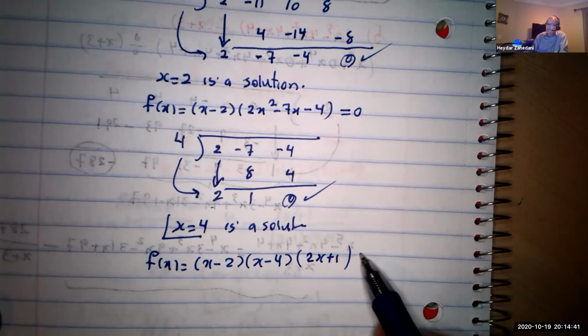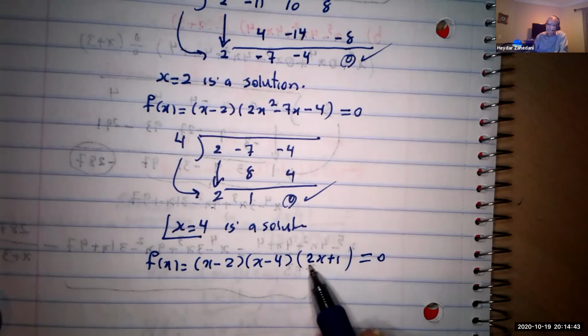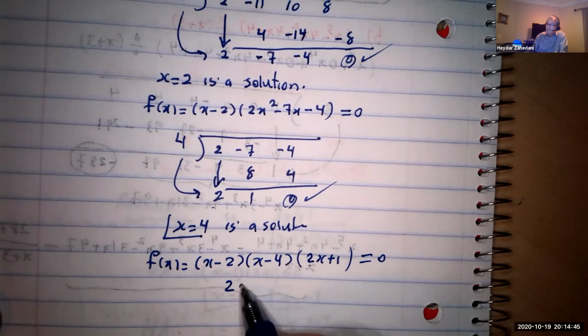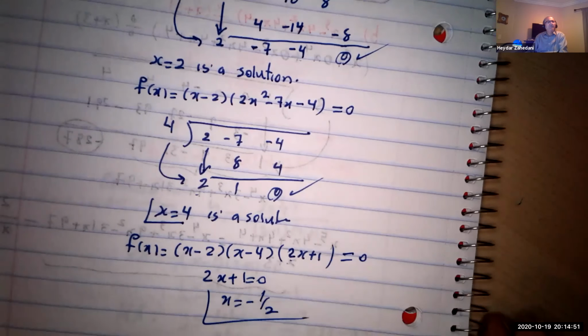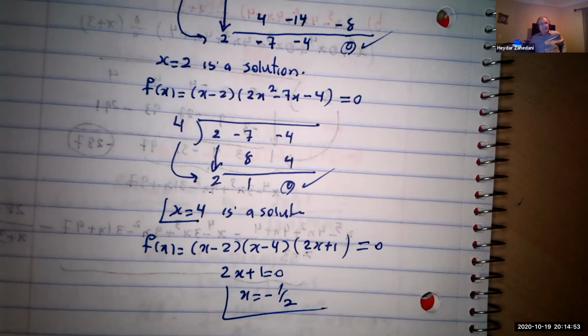And you got the last solution that you need. 2x plus 1 equal to 0, so x would be negative 1/2. As soon as you find the first one in the case of a cubic, you have many choices to get those numbers.